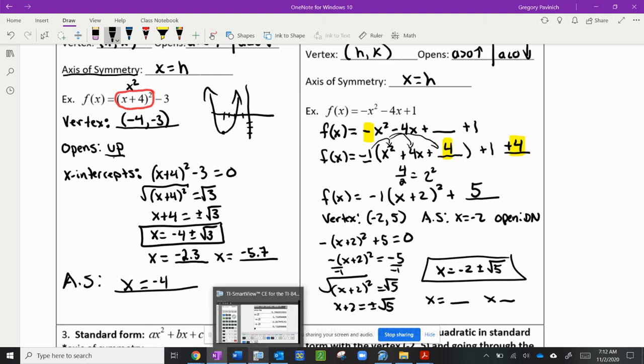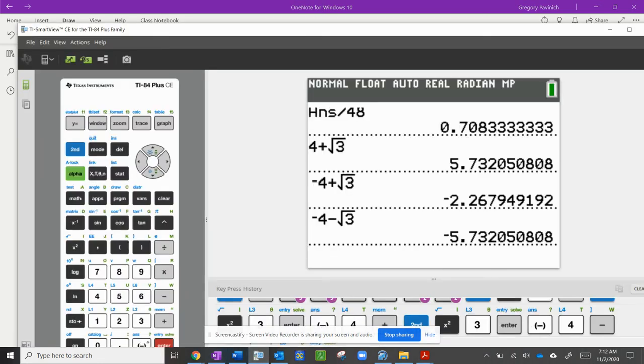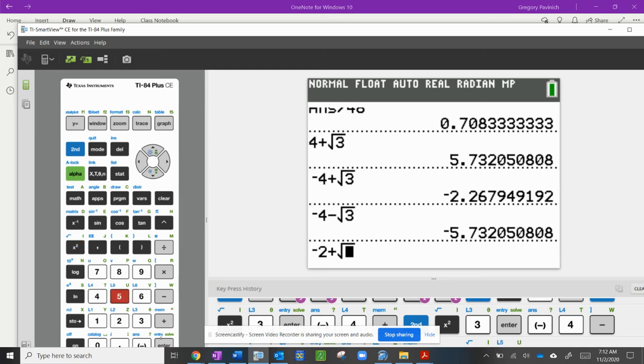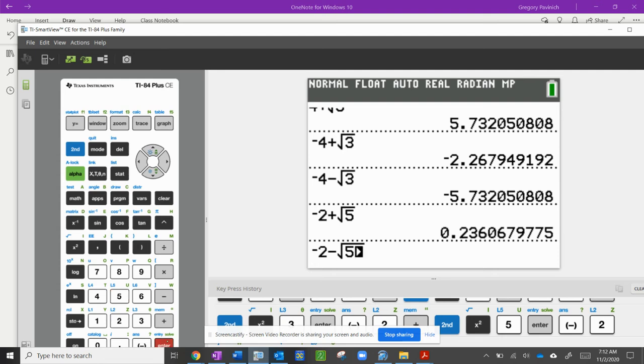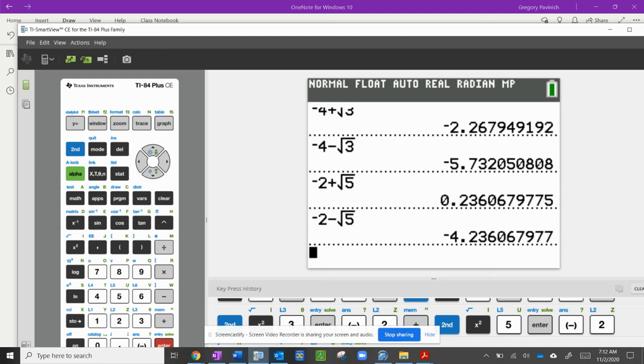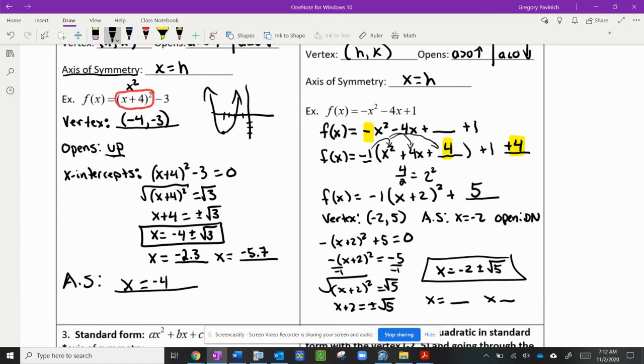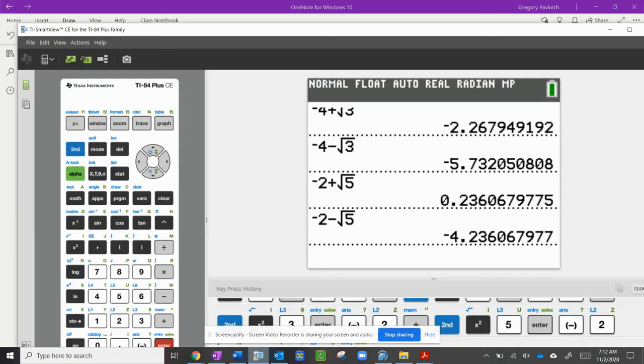Okay, so -2 plus the square root of 5, and I get 0.2. And then -2 minus the square root of 5, and I get -4.2. So 0.2 and -4.2. Let me just double check that.